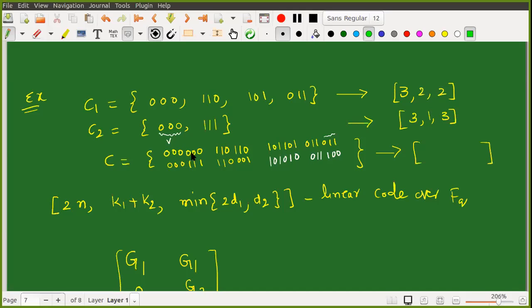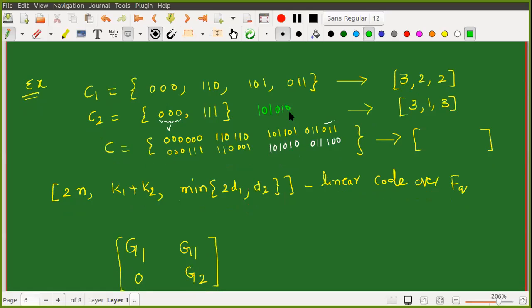So in the second part, 0 0 0 plus 0 0 0 like that. 1 1 0 plus 1 0 0 0. So it is repeated here. 1 0 1, so 1 0 1 again. To 1 0 1 I'll add 1 1 1. So in the next row I'll get 0 1 0. We remember that. Okay, so that way we'll get it.